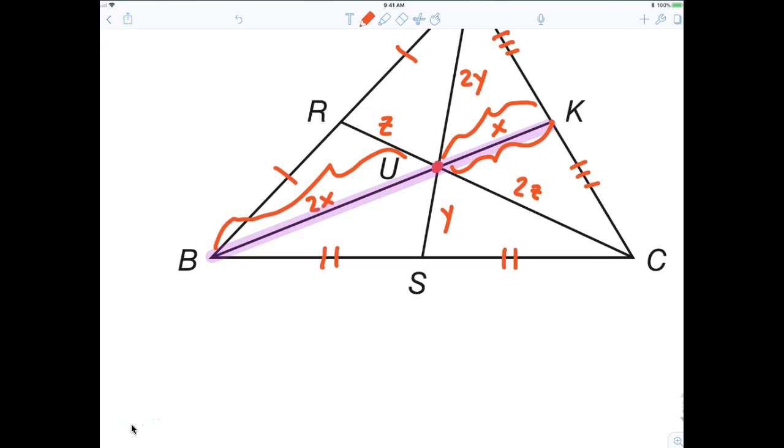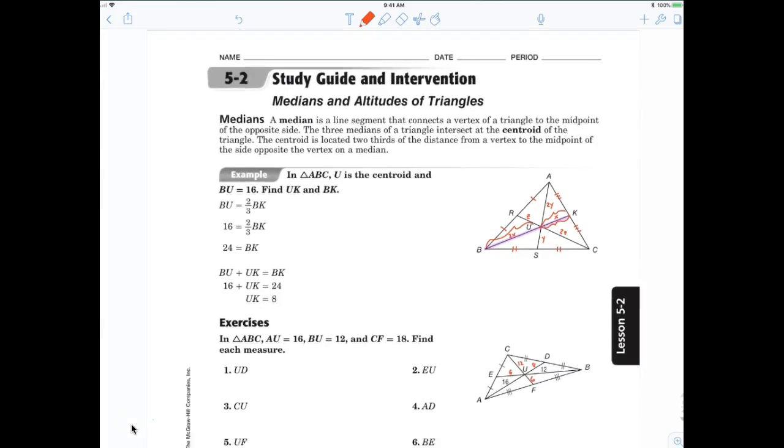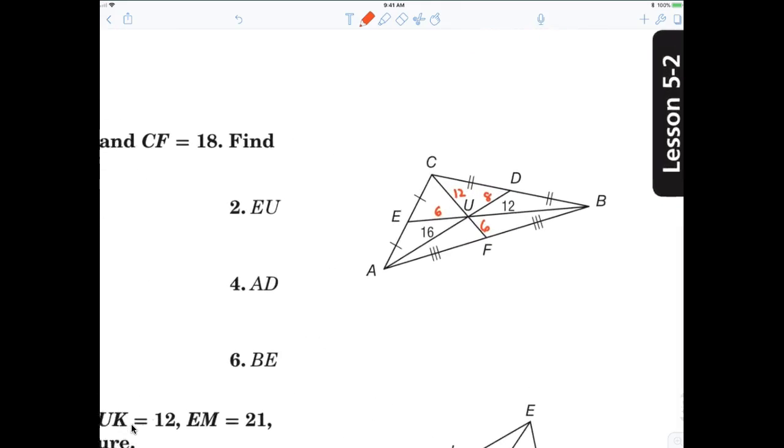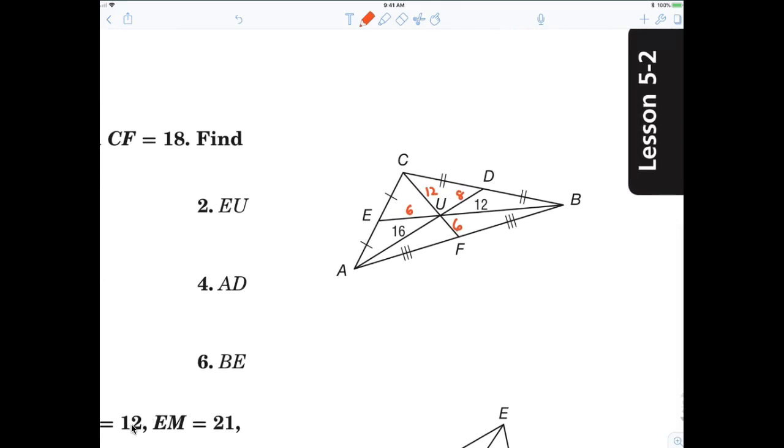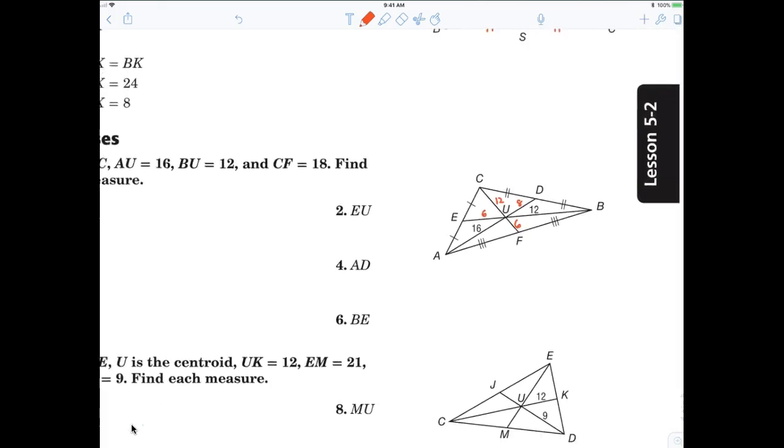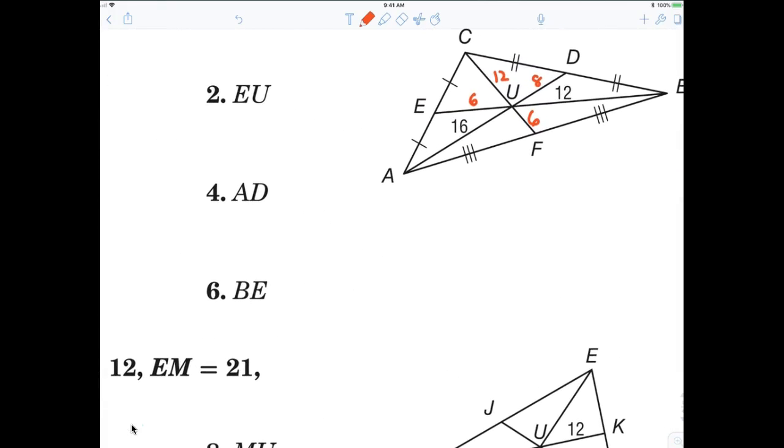How do you know you use 8? Because isn't AU 16? Isn't that what it says? Does that answer your question? Because you divide by 2. It's half. You just have to look at it to know which side is the 2/3 side.